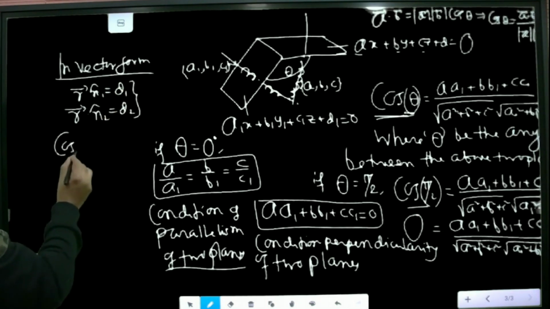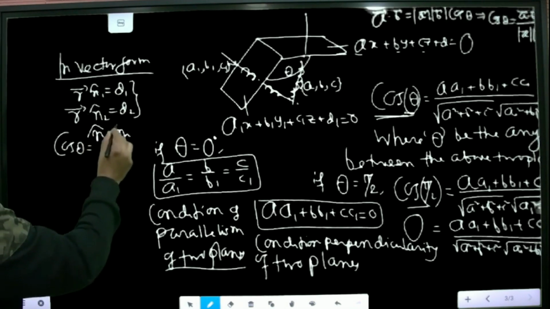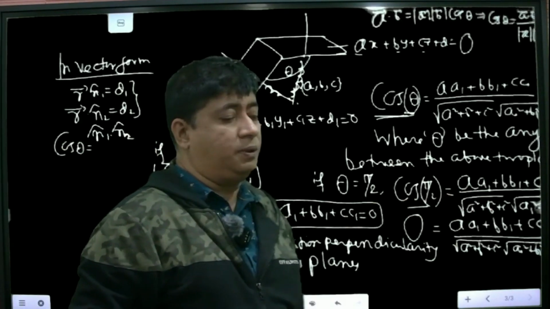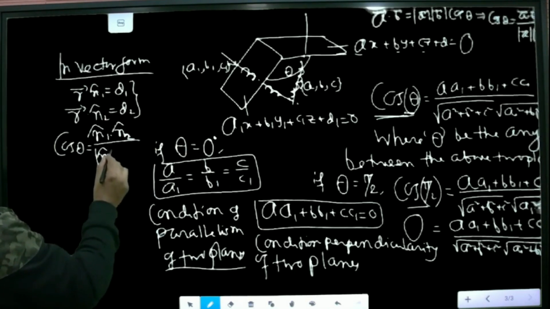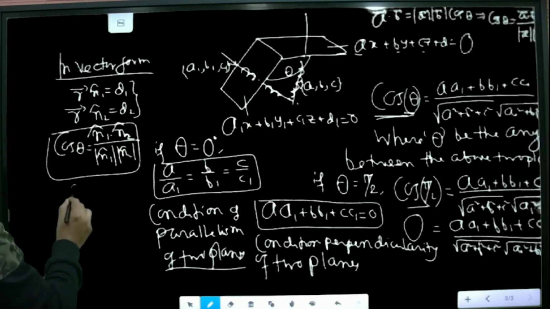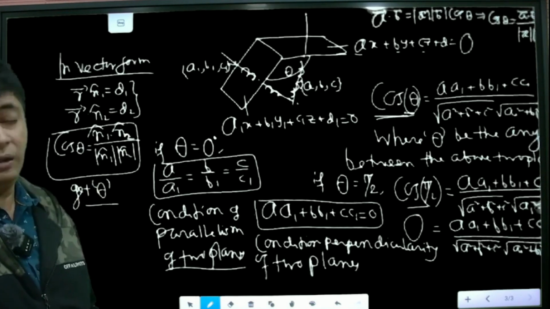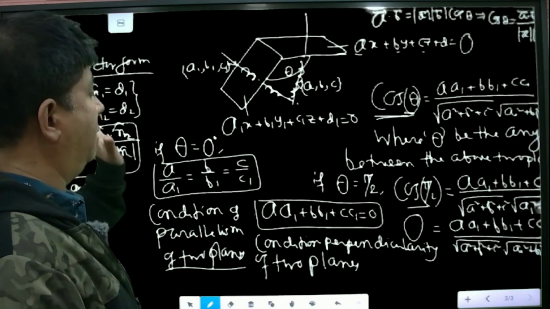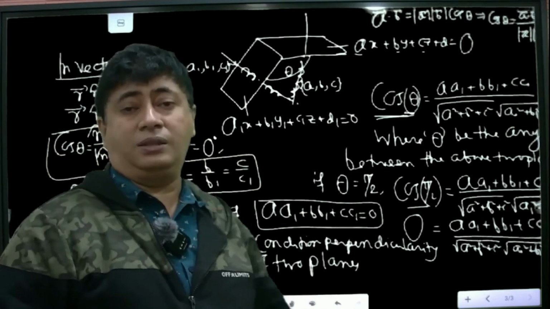So, cos theta is N1 dot N2 over the magnitudes, which gave you the a a1 plus b b1 plus c c1 condition, and get theta from here. So this is the condition of perpendicularity, parallelism, and finding the angle between two planes.